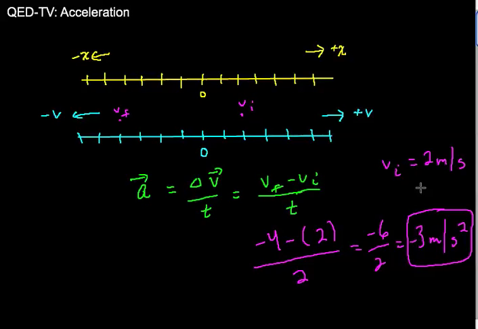So that means I have an initial velocity going to the right at 2 meters per second, but my acceleration is to the left at negative 3 meters per second squared, which means I'm going to be slowing down. I'm going to drop by 3 meters per second every single second.